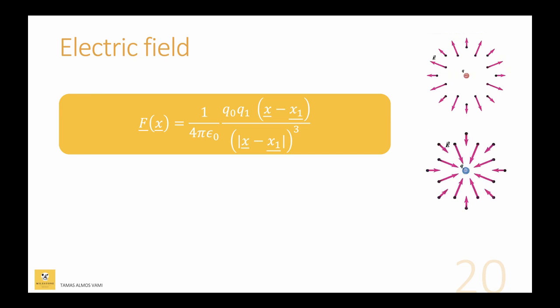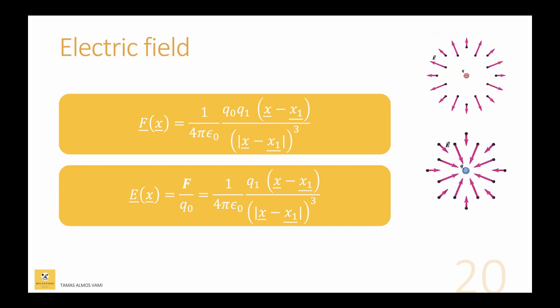So we just said that the electric field is the force divided by Q0. When I divide this by Q0, the Q0 just cancels out, and we get that the electric field is determined by the charge which creates the electric field and the location of wherever we are. So x1 points to the charge Q1, and x points to wherever we are interested in the electric field.